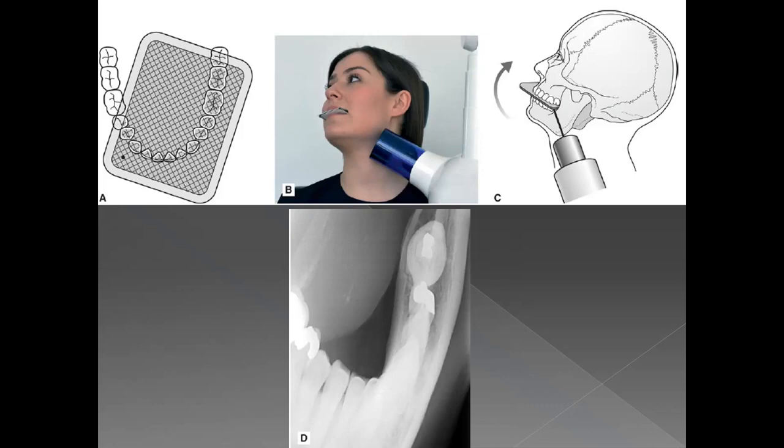You would obviously know that if you do an OPG for a patient in whom you are suspecting a submandibular sialolith, the mandibular bone will obstruct views of the sialolith. Even if it is calcified, it's quite hard to see unless the stone is present quite inferiorly to the mandible. Then you might be able to pick it up. But if it's present in the duct, you can't pick it up on an OPG.